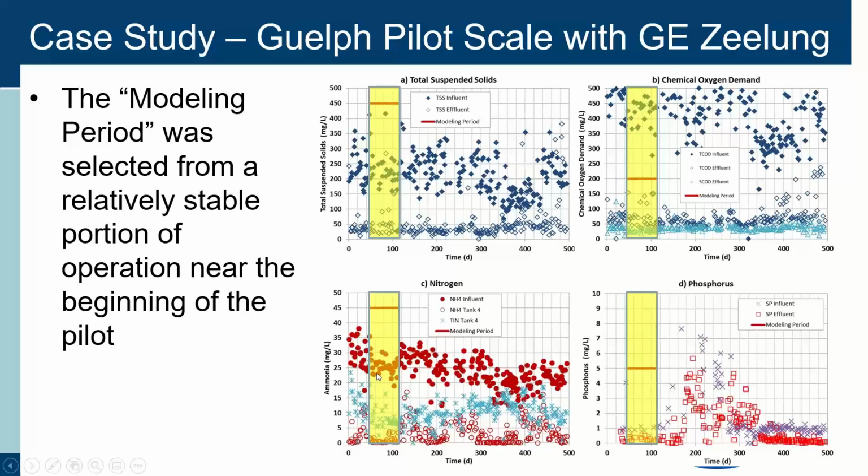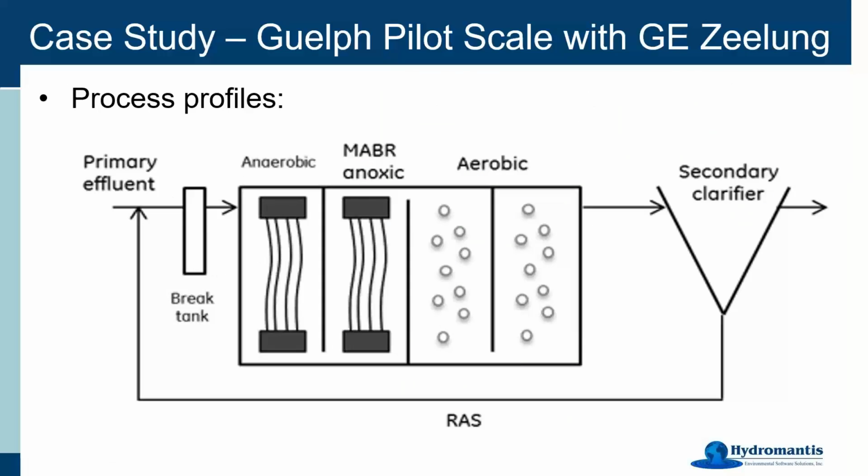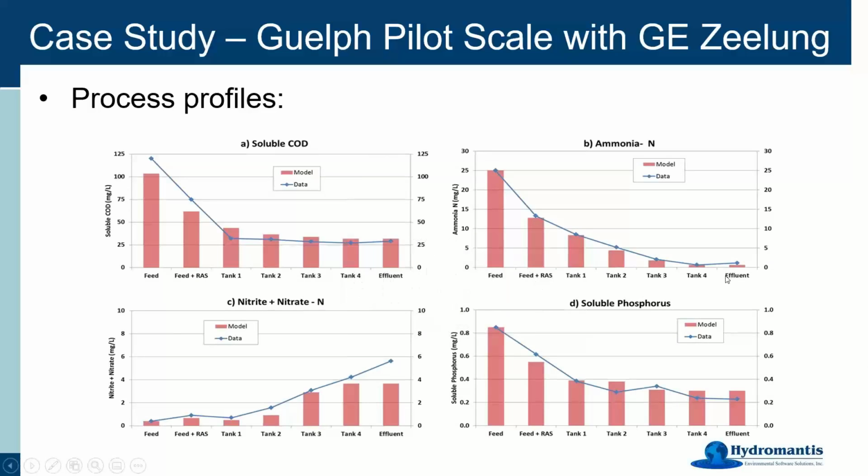So particularly for the BOD removal, and it was actually the nitrification, denitrification part of it that we were really most interested in seeing how well we could get the model to match. So just to summarize what was going on there, we had these MABR units up here, followed by conventional activated sludge.